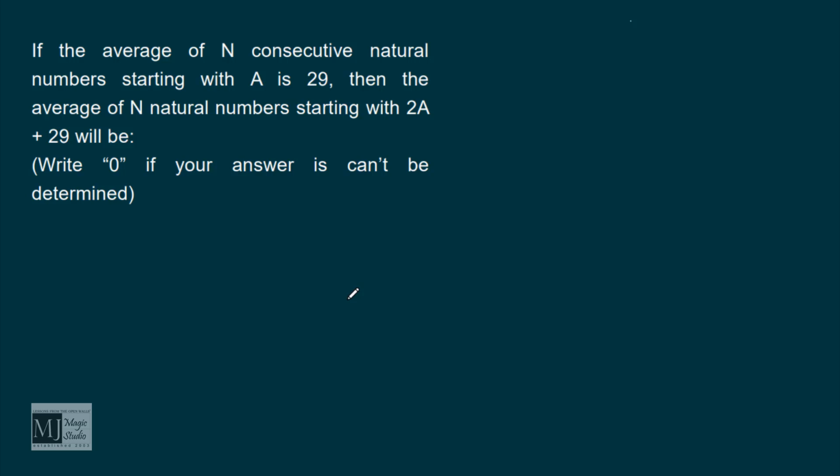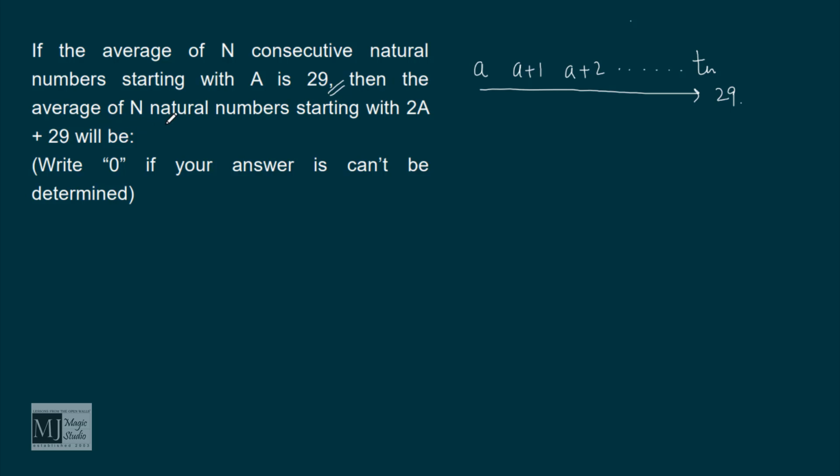Very interesting question on the screen. If the average of n consecutive natural numbers starting with A is 29. Okay, so we have A, A plus 1, A plus 2, till the nth term. The average of these numbers is 29.